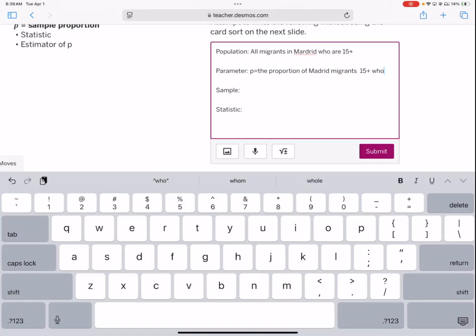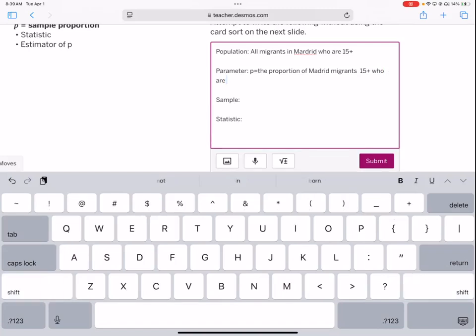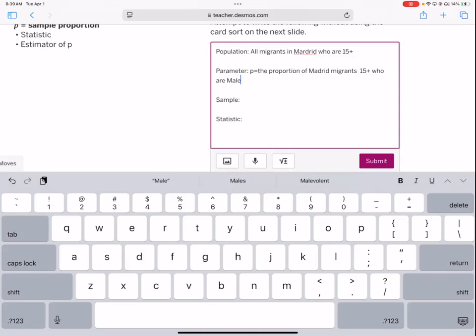What are we looking for? What is deemed a success? They're all immigrants. But what is defined as a success? What are we trying to study about these migrants? Who are male. There it is. What we're interested in studying is what proportion of these immigrants in Madrid, 15 and older, are male.